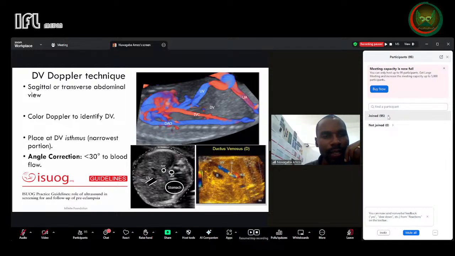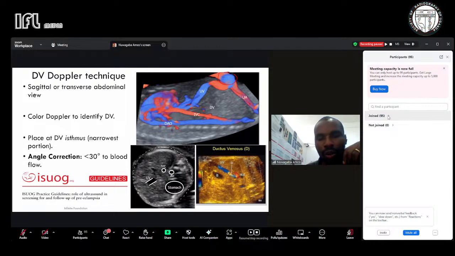In the sagittal approach, we usually start at the level of the umbilical cord attachment, and of course we know this is the umbilical artery, and our interest is the umbilical vein because we are looking at flow towards the baby, and you activate colored Doppler and follow the umbilical vein.